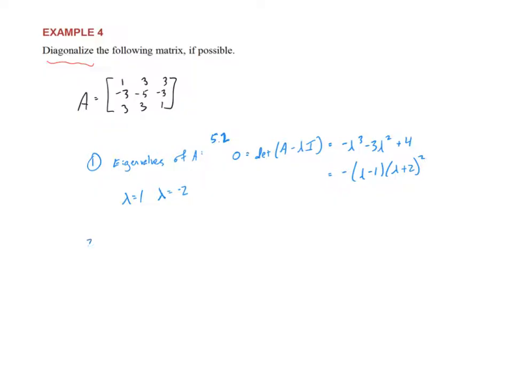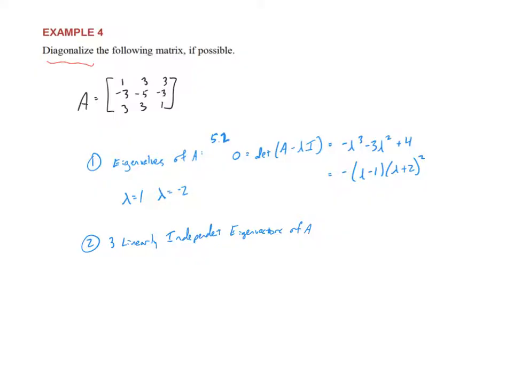Now our next step, step 2, we're going to find 3 linearly independent eigenvectors of A. Once I have my eigenvalues, now I'm going to go find my eigenvectors.